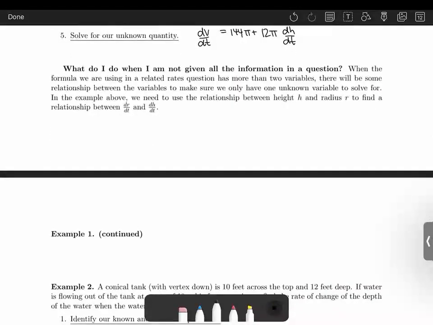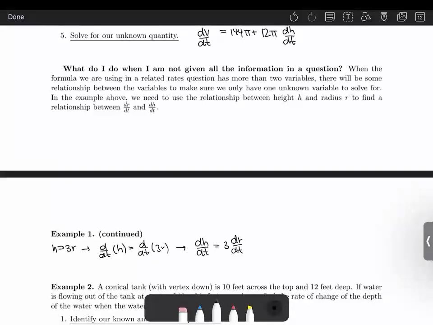So I know that my height is 3 times my radius. So just like with our volume formula, we have an equation here, and we can apply implicit differentiation to both sides of this equation. So whenever we apply implicit differentiation, we can see that dH/dt is 3 times dr/dt.